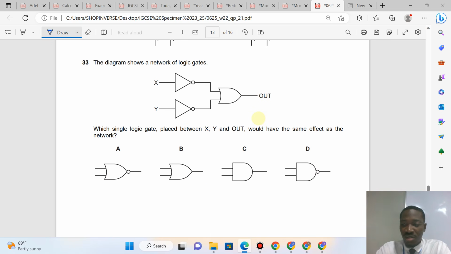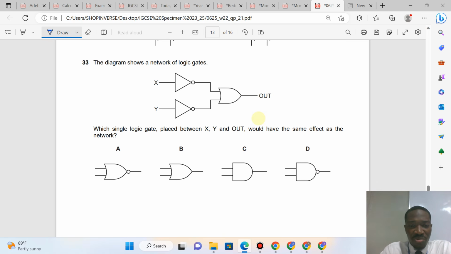Logic gates, for those of you that have not done logic. The diagram shows a network of logic gates. Which logic gate placed between X, Y, and the output would have the same effect as the network?